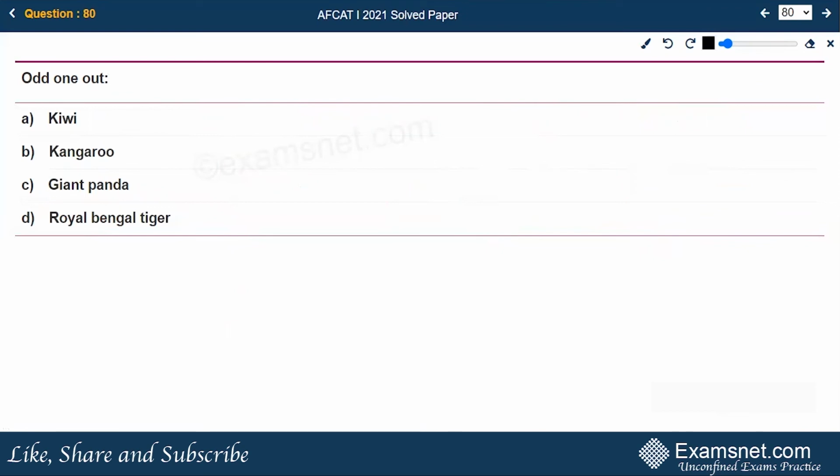Next, question 80. Pick the odd one out. Kiwi, kangaroo, giant panda, Royal Bengal tiger. Kiwi is the national animal of New Zealand.